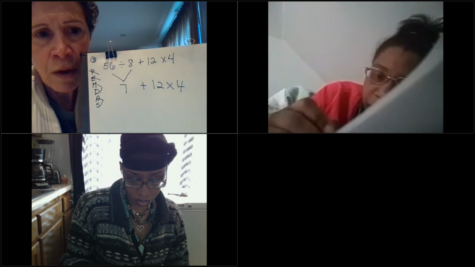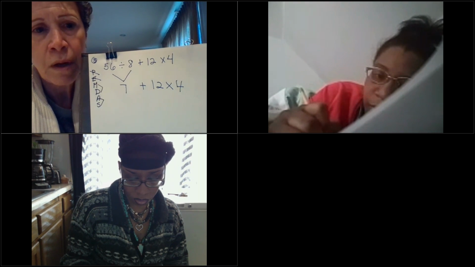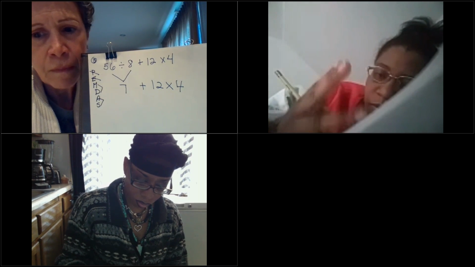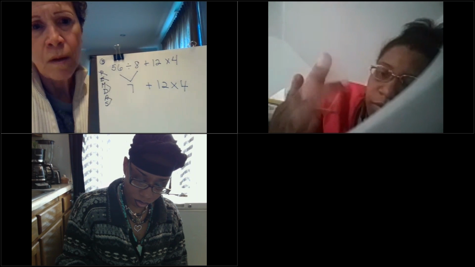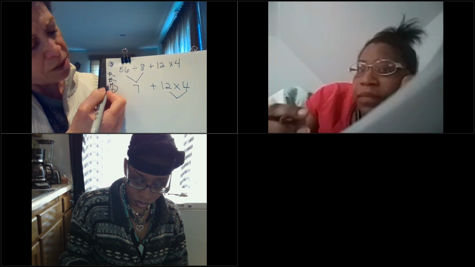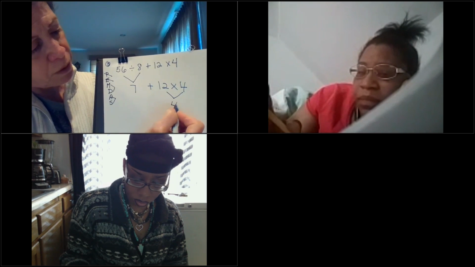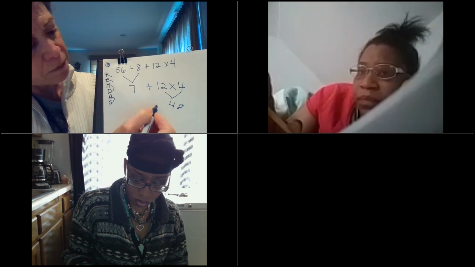Okay? So now I have 7 plus 12 times 4. Okay, so I'm going to go to the multiplication here because multiplication division. 12 times 4 is 48.